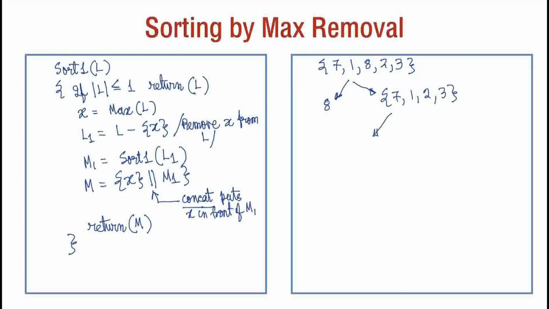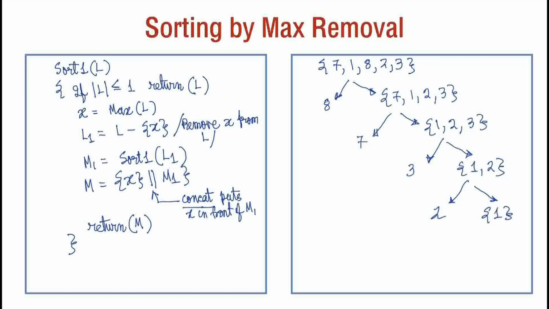Then 7 would be removed. It would call it on 1, 2, 3. Then 3 would be removed. We would call it on 2, 1. Then 2 would be removed. We would have 1.